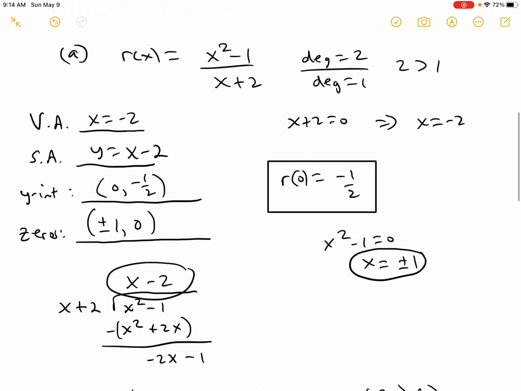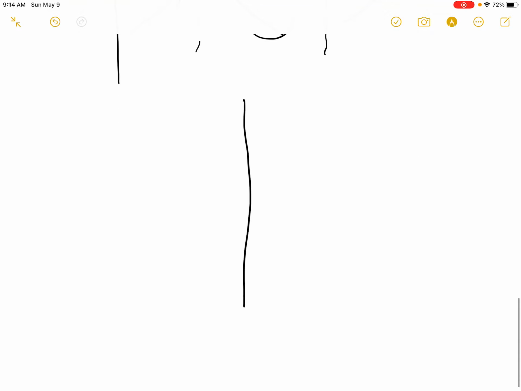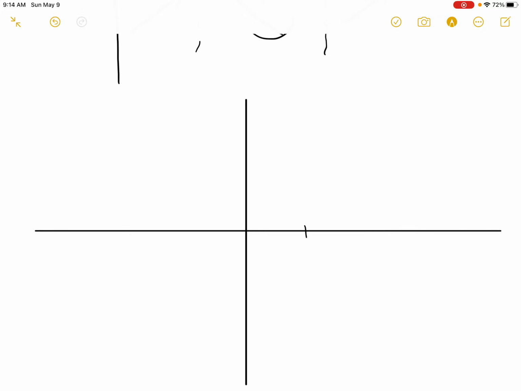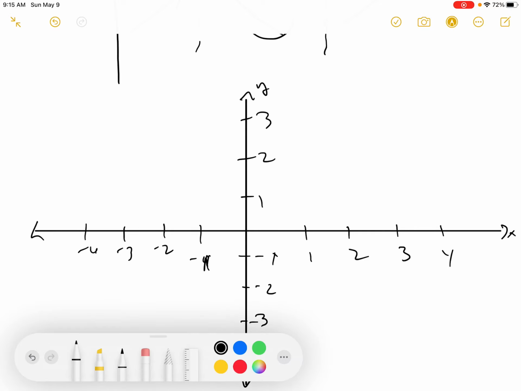So let's graph this thing. Okay, let's see here.